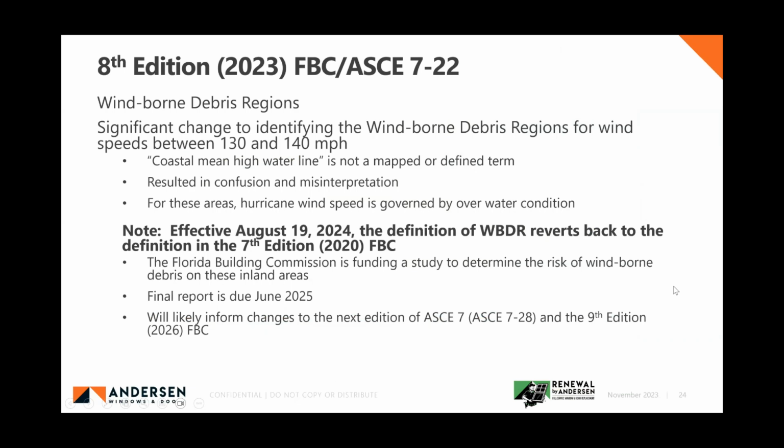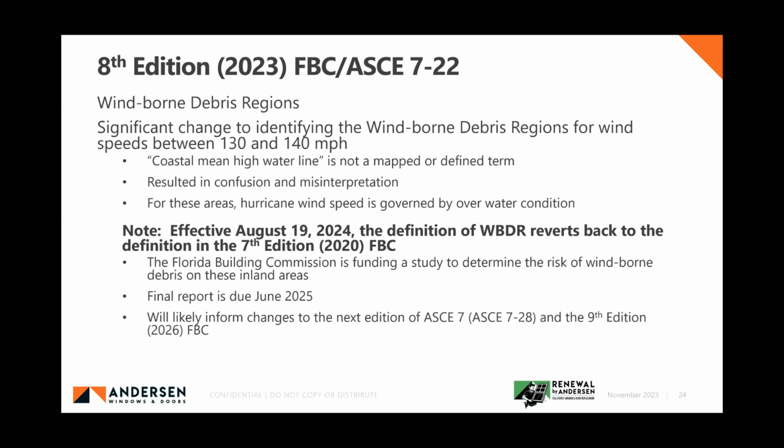All right. So let's talk about the change to the windborne debris region that I mentioned. Many of you have probably heard of this, and we did the on-site classes back in September. There was a lot of interest in this topic.